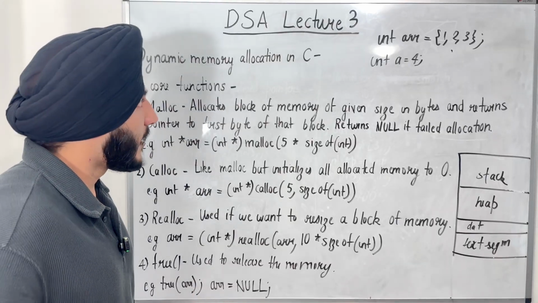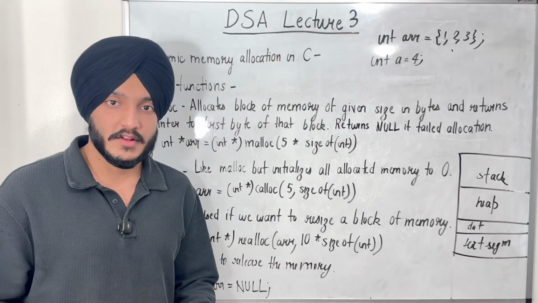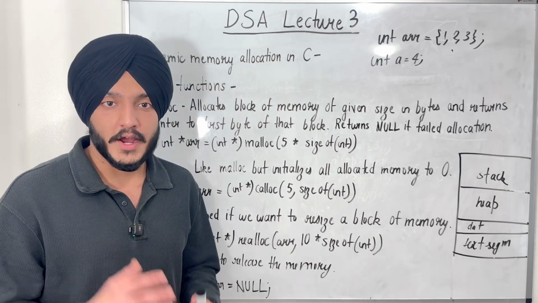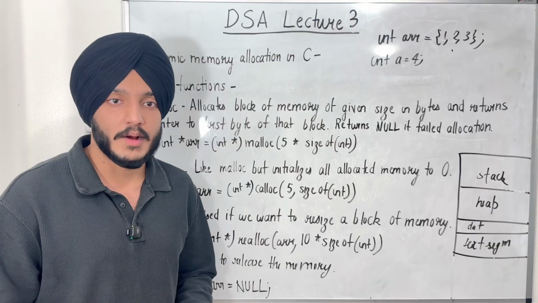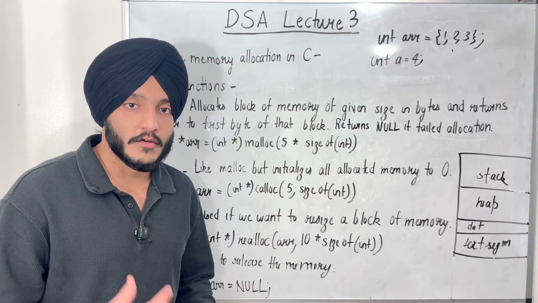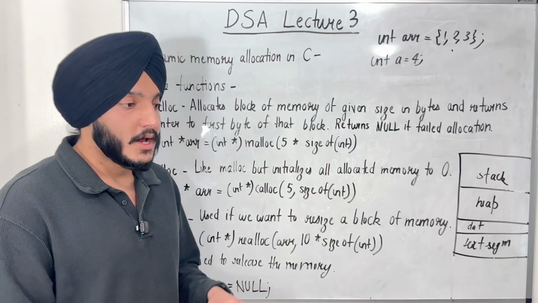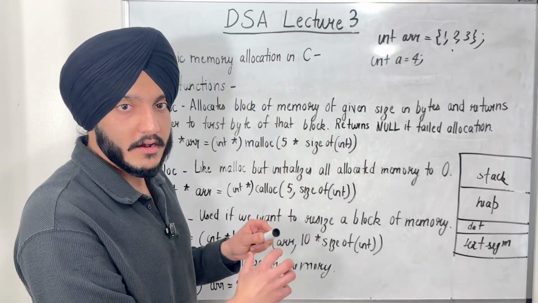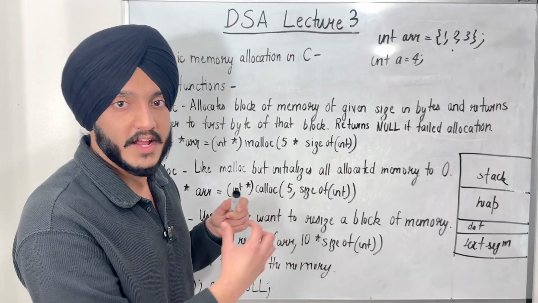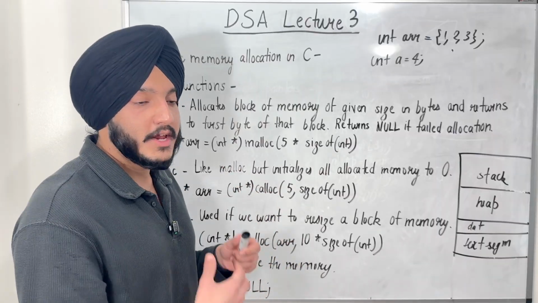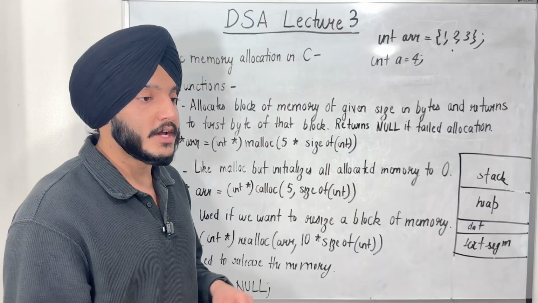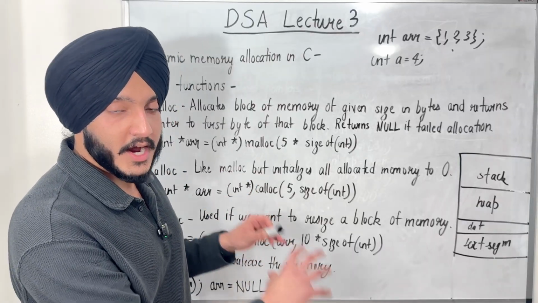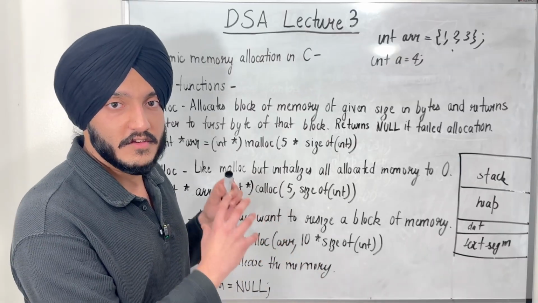Before I start, I'll try to explain why we are doing this in C again. So look, while most coders and programmers use Python nowadays, Python is a very slow language. Python is a high level language, but whatever is happening behind it is actually happening in C. So when you create an integer in Python, or when you create an array or a list, behind the scenes it's being written in C code.